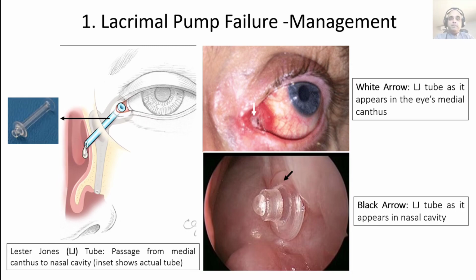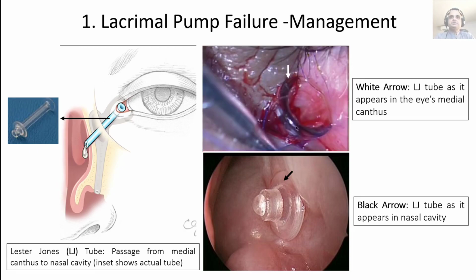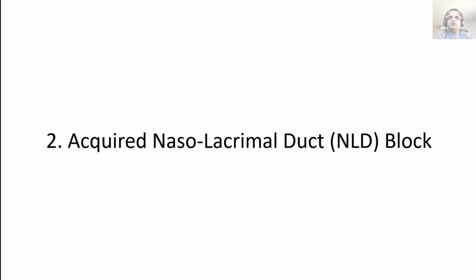So this is how a pump failure is managed. This is a close-up picture of the Lester-Jones tube and how it appears at the medial canthus of the eye. It's flush against the eyeball so that tears can percolate into it. Now we'll talk about acute acquired nasolacrimal duct block.